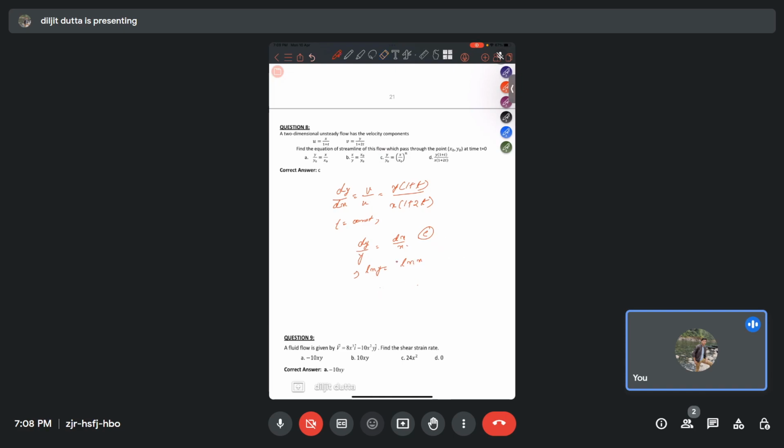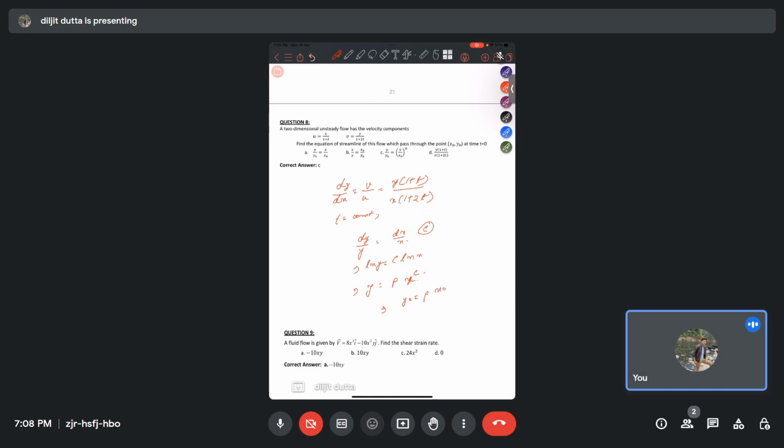This will come as c into ln x. So y is equal to e into x to the power c. Now to satisfy the initial condition, y naught is equal to p into x naught to the power of c.